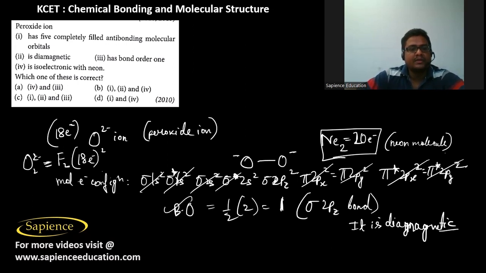The number of filled antibonding molecular orbitals are 1, 2, 3 and 4. So 4 antibonding molecular orbitals are completely filled.